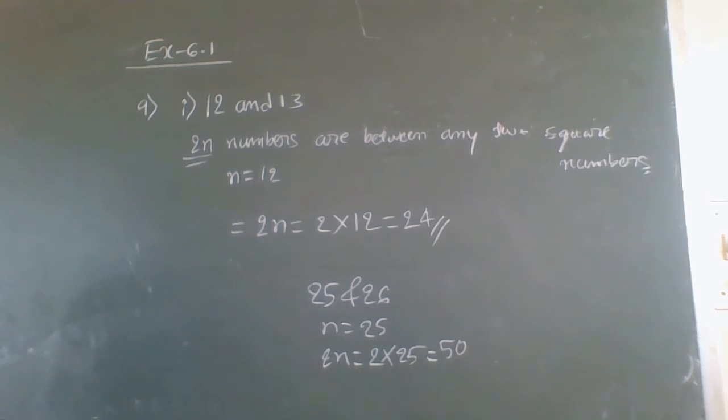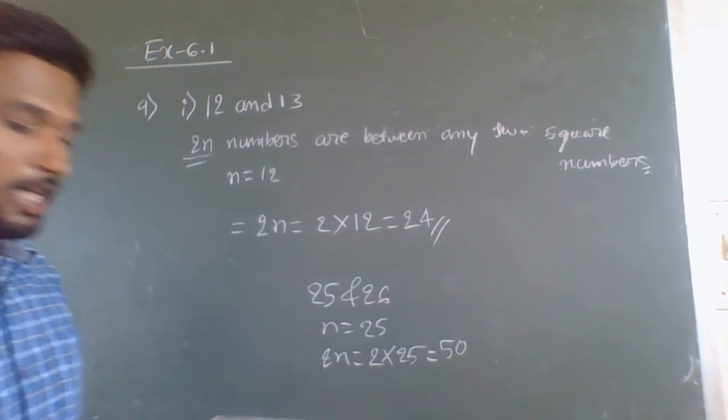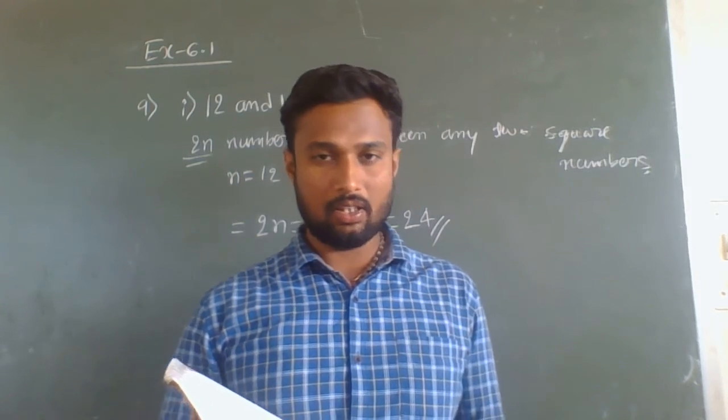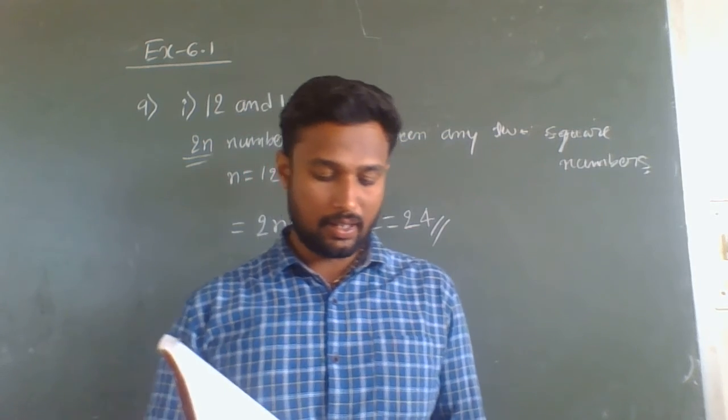So there are 50 numbers between the squares of these two numbers. Okay, so like this only, in the third question they have given 99 and 100. Solve that also. You should consider the n value as 99 there.